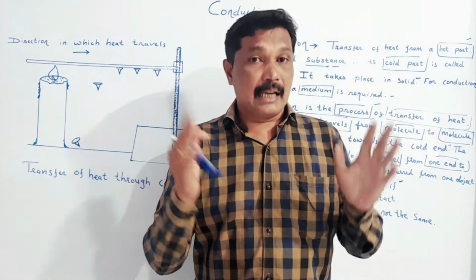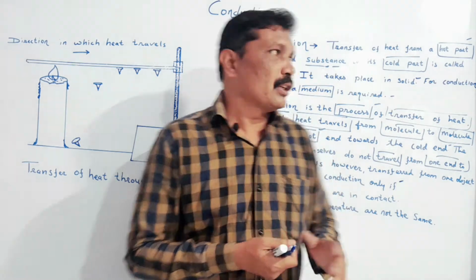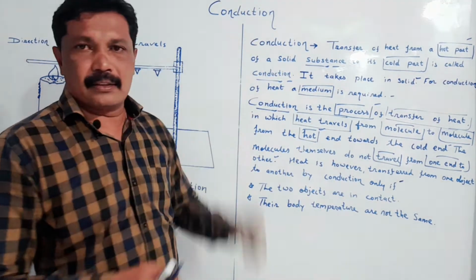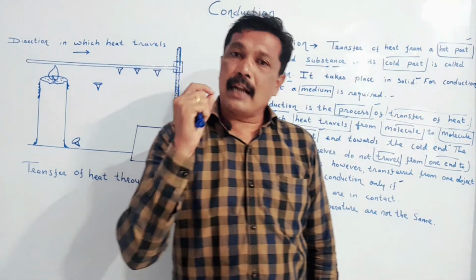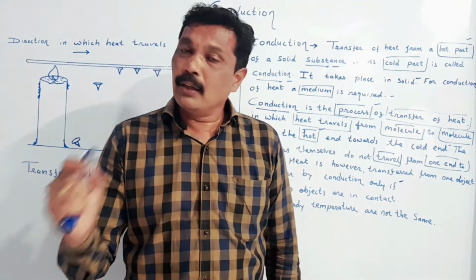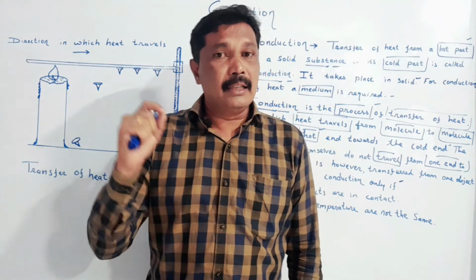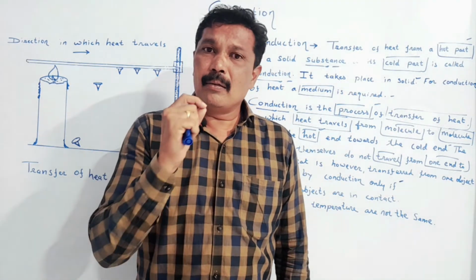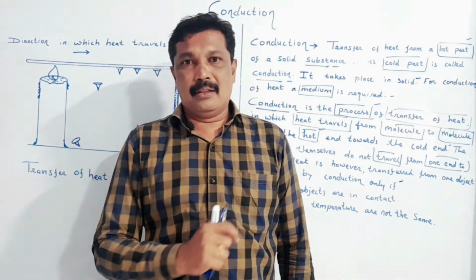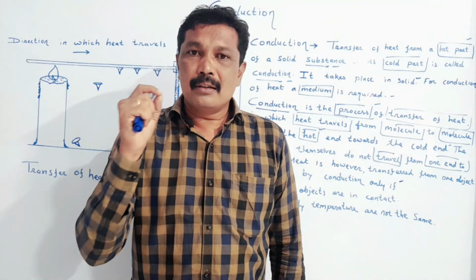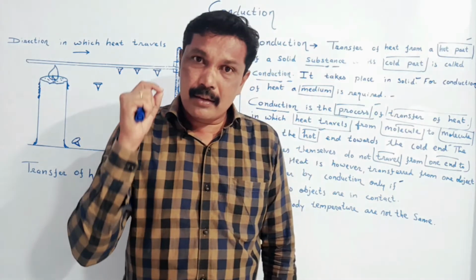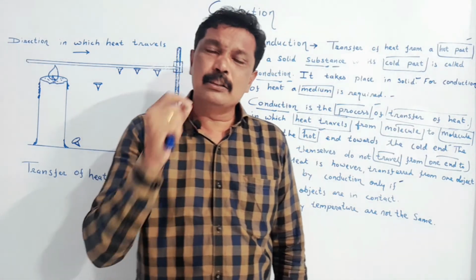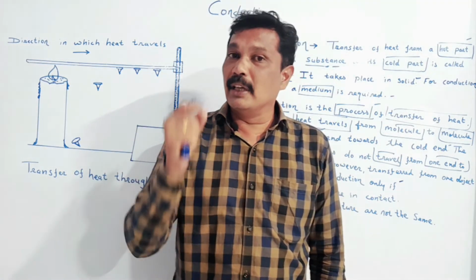This was transfer of heat by a process called conduction. In the process of conduction, there is transfer of heat from the hot end to the cold end. This heat is carried by molecules. The molecules do not leave their place. They keep vibrating in their place when they receive the heat energy.